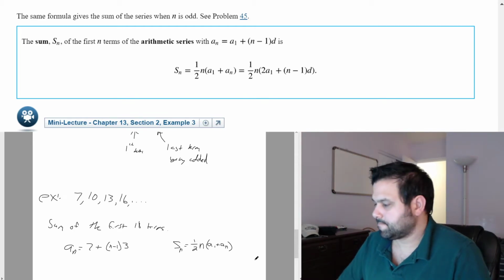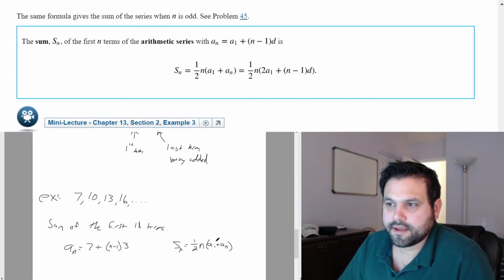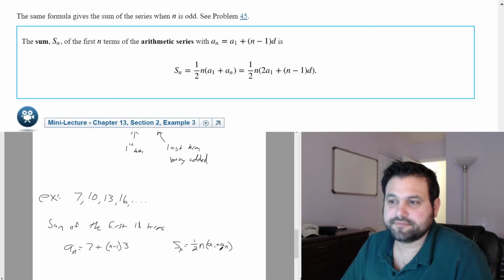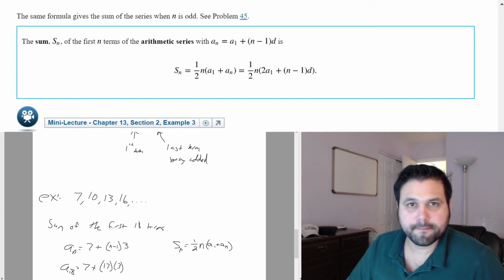Okay. So to use this formula, we need to know the first term and the number of terms we're looking for and the last term. So we need to know what a sub 18 is. So we just plug that in. 7 plus 17 times 3, right?